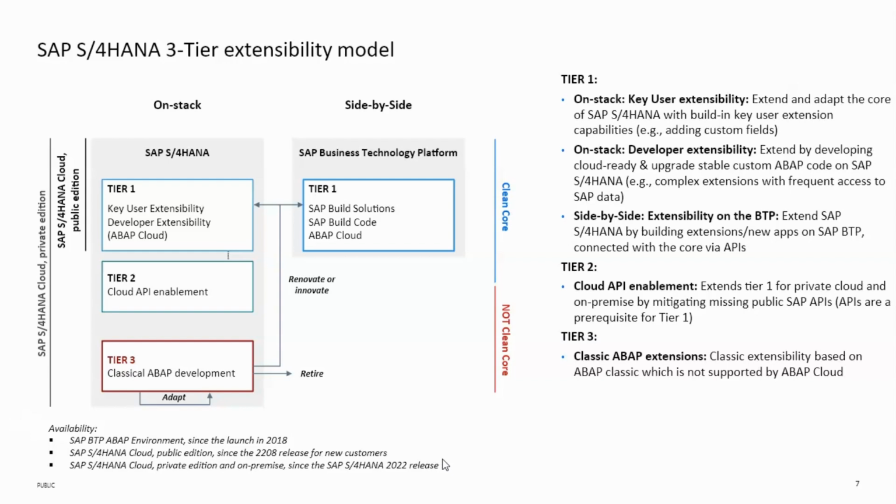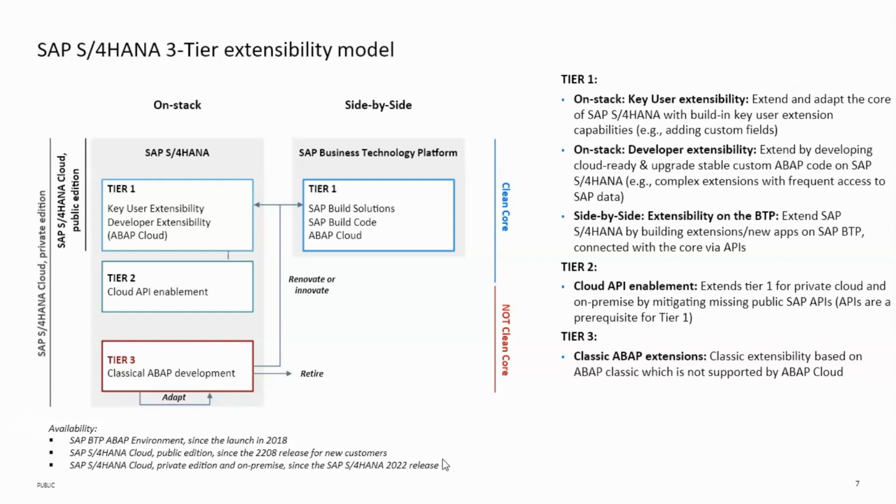Tier 2, the cloud API enablement, extends tier 1 for private cloud and on-premise by mitigating missing public APIs. APIs are the prerequisite for tier 1.